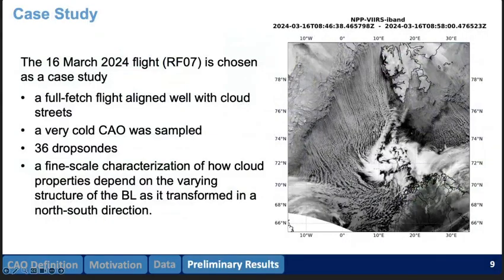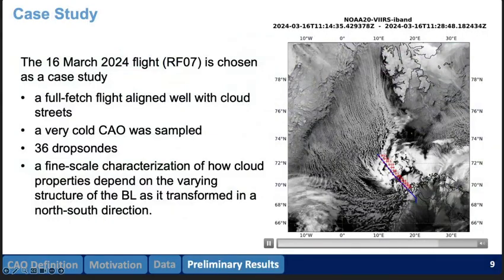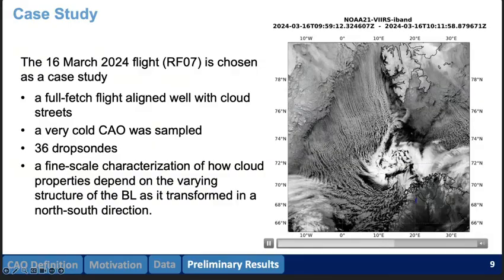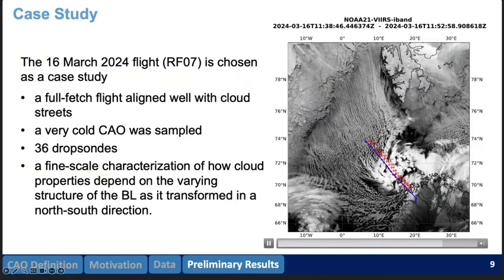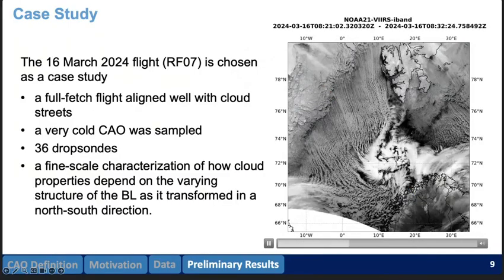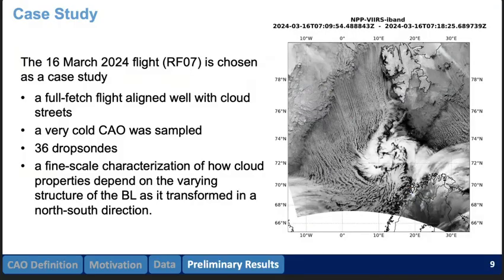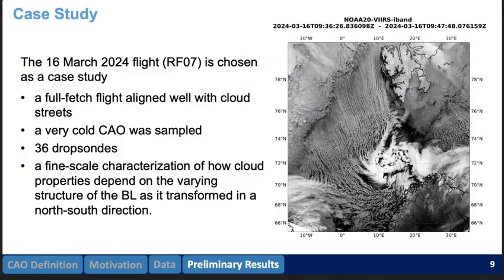As the movie here shows, for this case, very cold air blows to the relatively warm ocean, and we have beautiful clouds here, and we have polar lows here. But the polar lows move east-south, and finally dissipate.